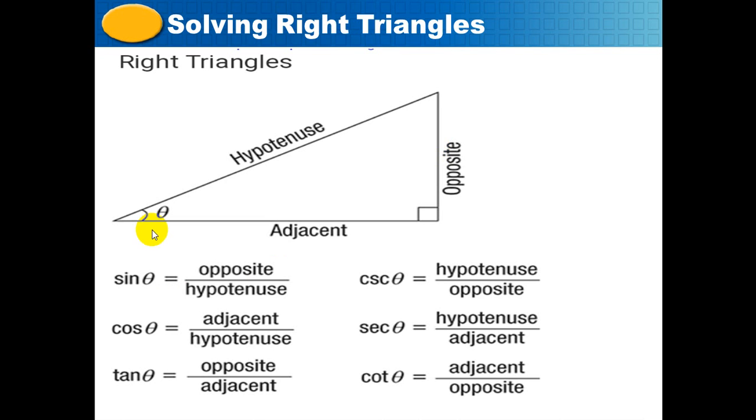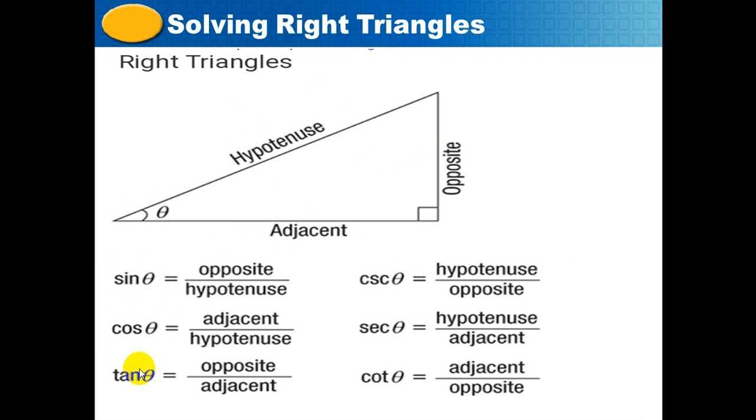There are 6 possible ratios for the 3 sides of a triangle. These ratios are called trigonometric ratios. Sine theta equals opposite over hypotenuse. Cosine theta equals adjacent over hypotenuse.